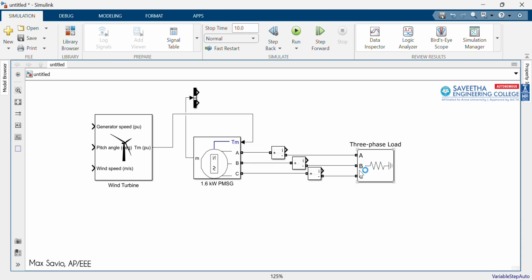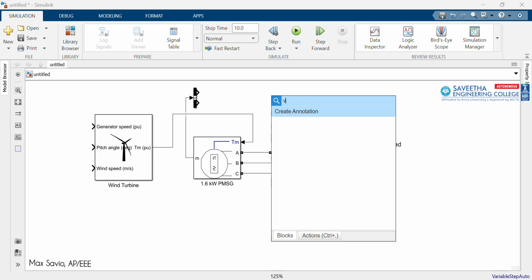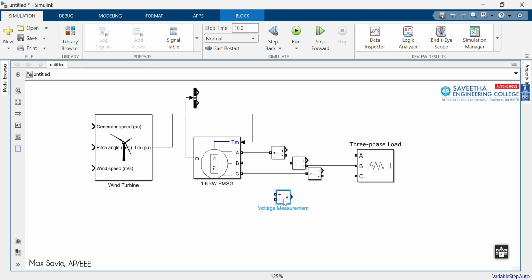Then we can also measure the voltage through the voltmeters. So we have this voltmeter. I can connect between A and B. This is the line voltage. Then I connect between B and C. Then I connect between C and A. Okay, so we can get this.